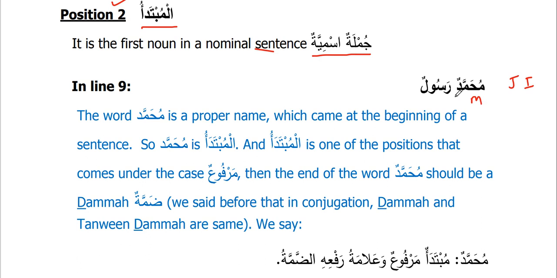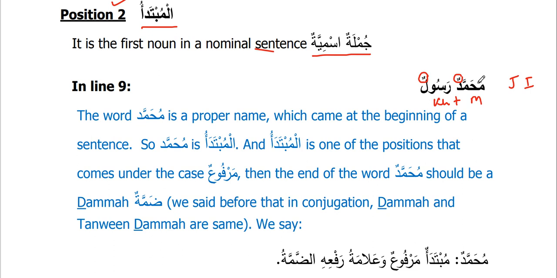Khabar. What is the proof that this is a khabar? It is tanween haraka, right? Tanween dhamma. And one may ask, what about this tanween? Now, we know that Arabic names are ma'rifa, and even though some names in Arabic may have tanween, we will consider it to be ma'rifa.